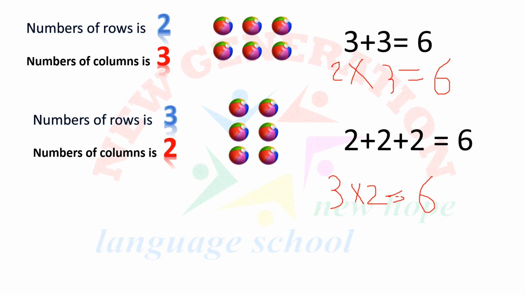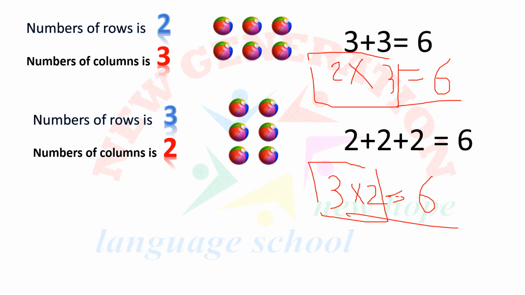Notice something. The result here is still the same, so I can conclude that 2 times 3 equals 3 times 2 equals 6.